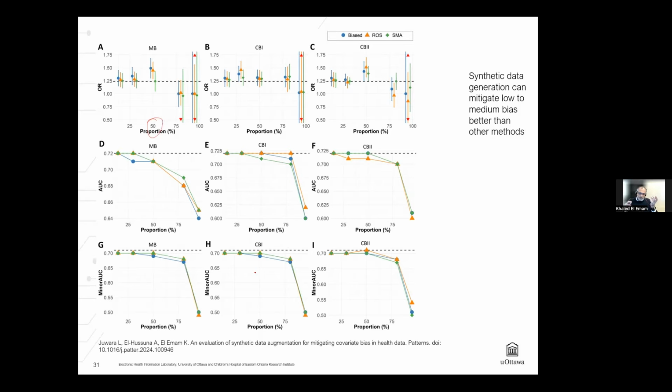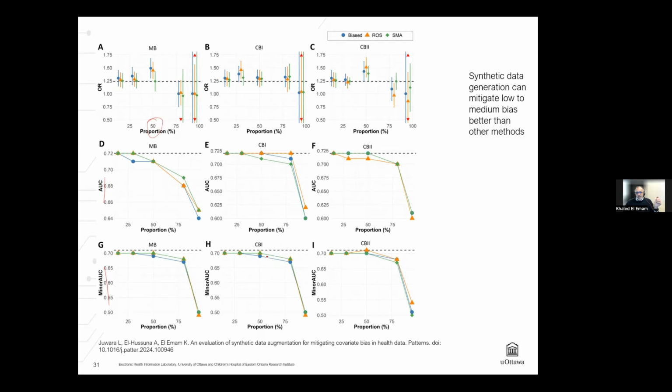Basically, if you train a generative model and use that to compensate for underrepresented groups, you can mitigate low to medium bias. And you can see it for different metrics, for AUC here, for minority AUC, so area under the curve, the prediction accuracy for the underrepresented group.